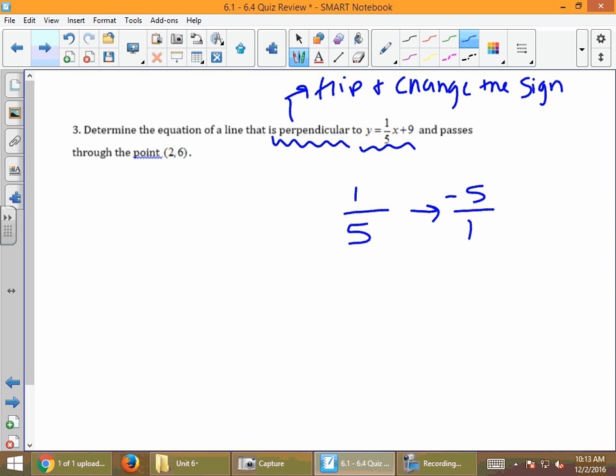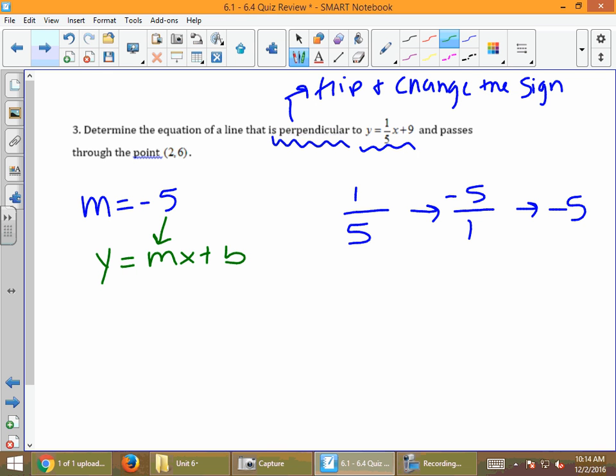Flip it, change the sign. What's negative 5/1 reduced down to? It's negative 5. You watch this negative 5/1, not the end of the world. Right? So that's our new slope. It is negative 5.